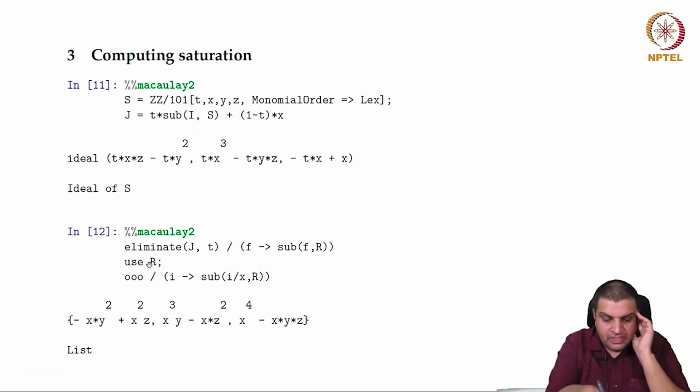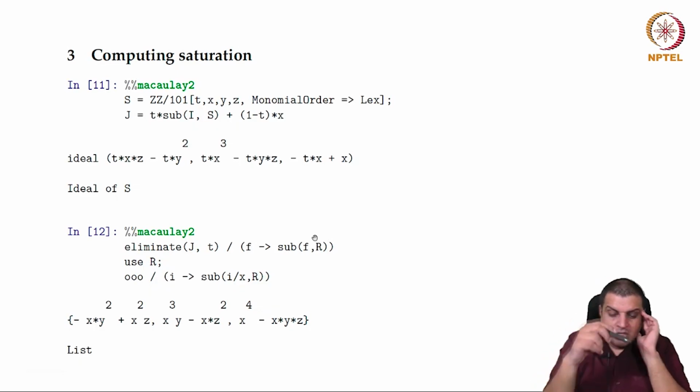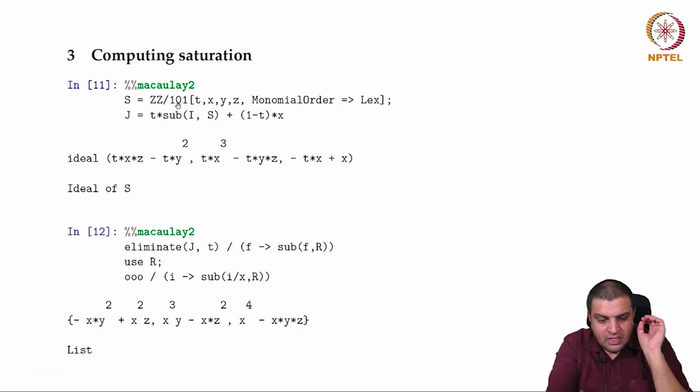Okay. So it gave some generators. Now, okay, this is just a programming issue. In all this context, the variables x, y, z refer to those in S, not in R. But here we would like to construct an ideal in R, removing t, in any case t is not there.